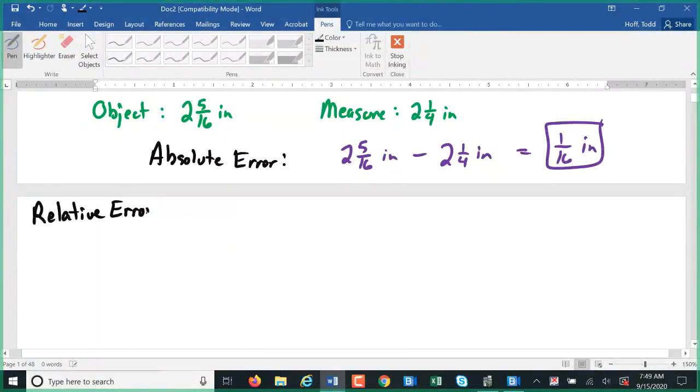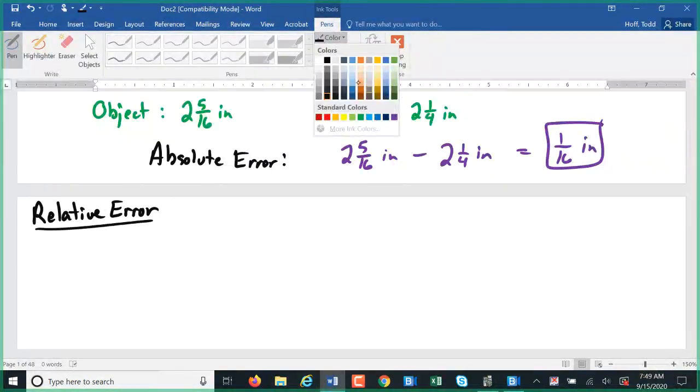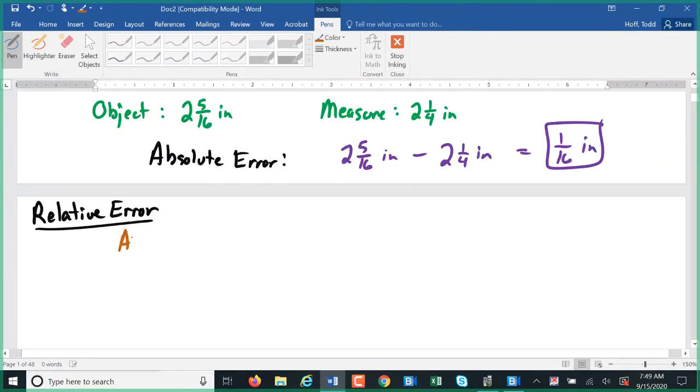Then we have relative error. Relative error is just that. It's the size of the error relative to the size of the part. So relative error is the absolute error divided by the actual value.